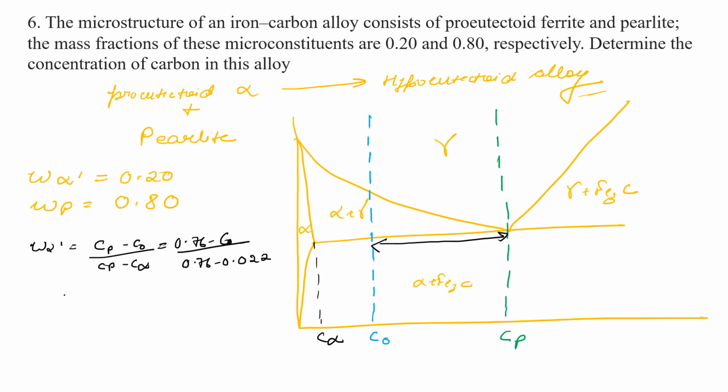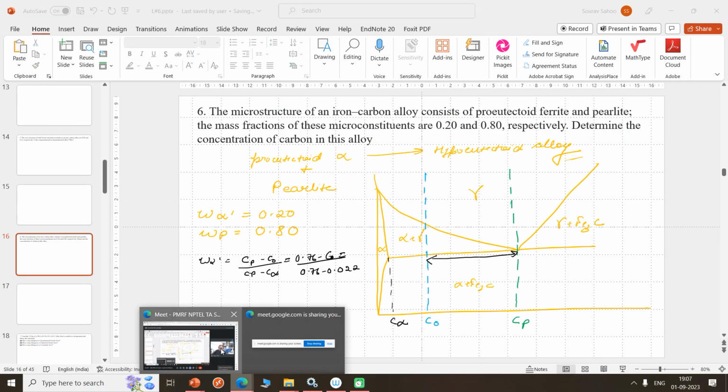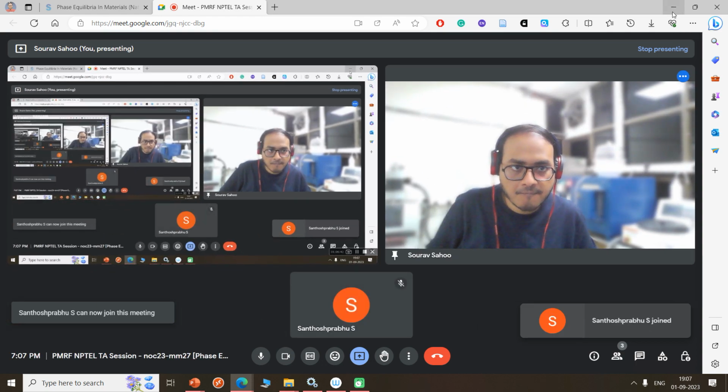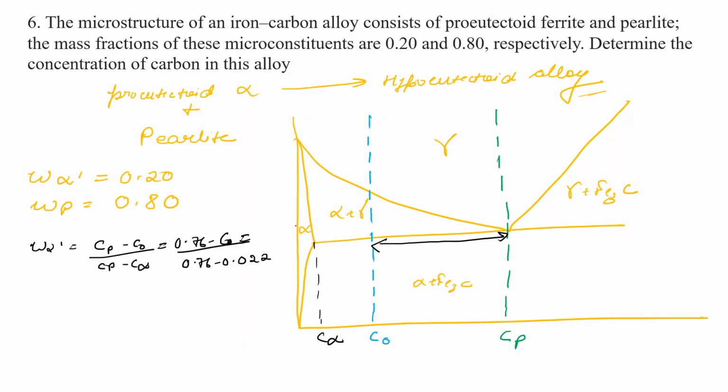This has already been given in this question as 0.20, right? So 0.76 minus C naught divided by 0.74 is equal to 0.20.